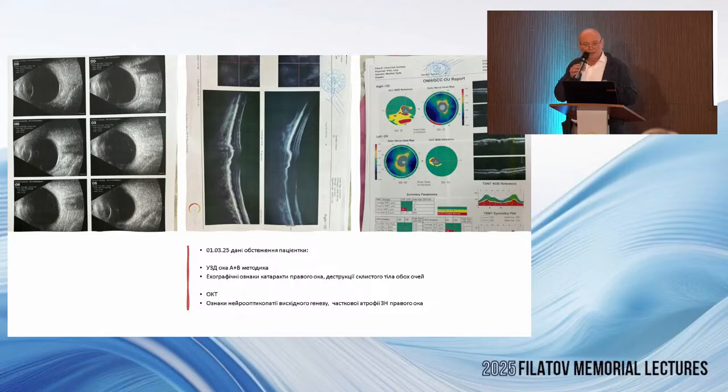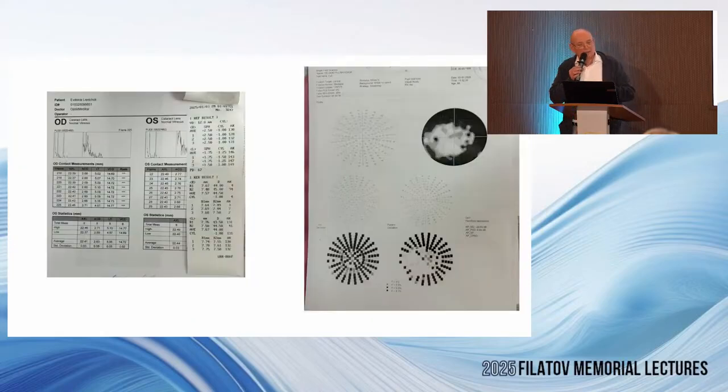You cannot see any rough changes here, though the peripheral field of view has a concentric narrowing. So this cannot be seen through the ultrasonic imaging.